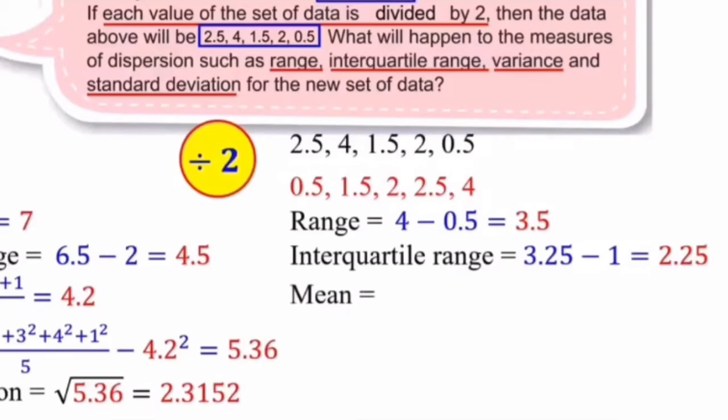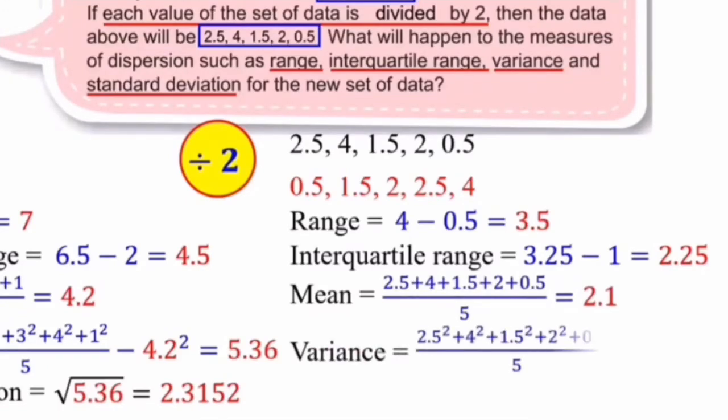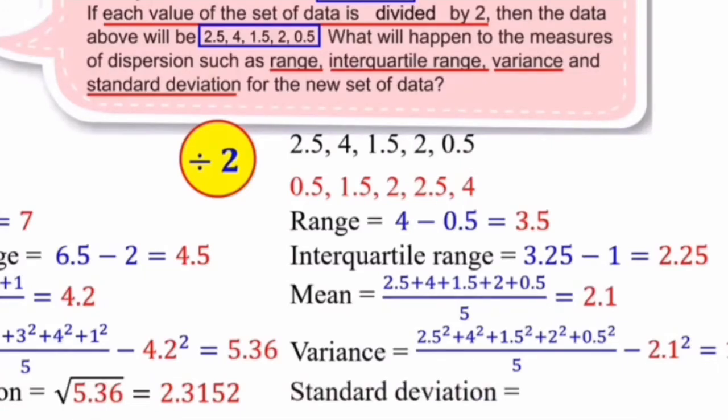Mean is the sum of all the data divided by 5, which is 2.1. Variance is the sum of all the data squared, divided by 5, minus 2.1 squared. So the variance is 1.34. Then in order to get the standard deviation, we square root the variance, which is 1.1576.